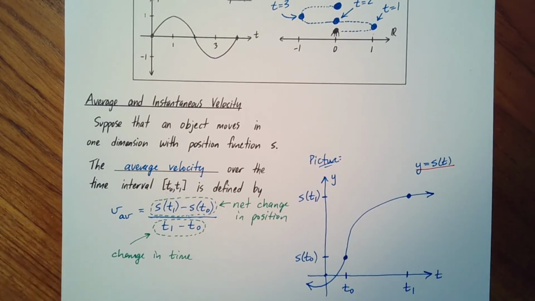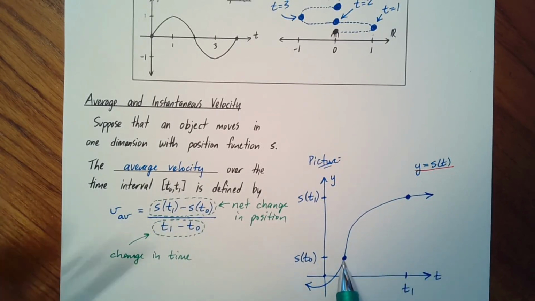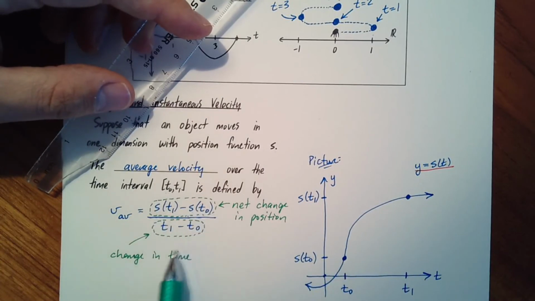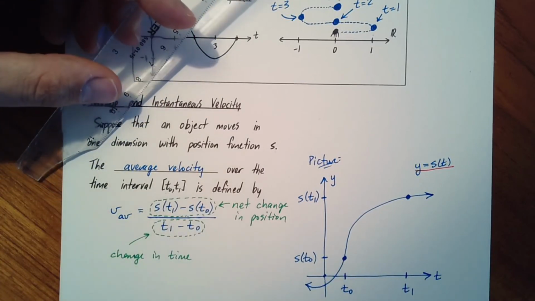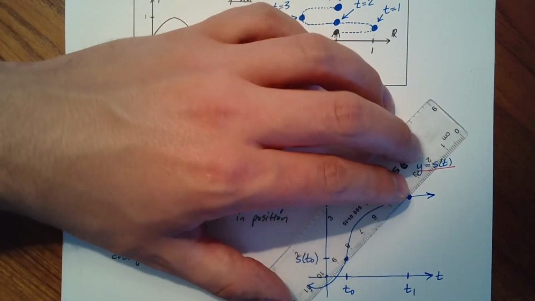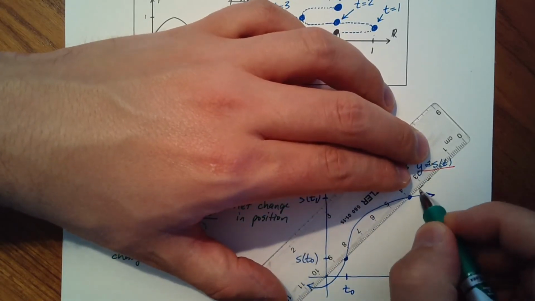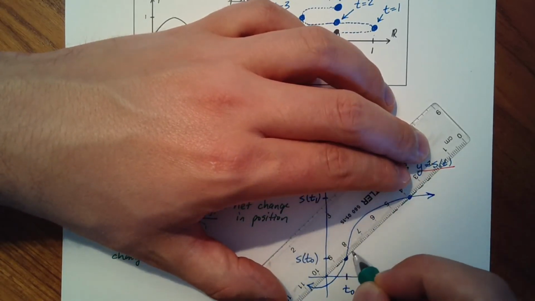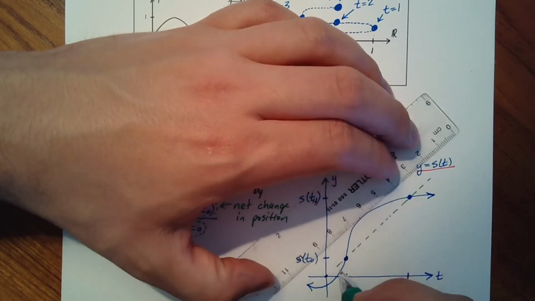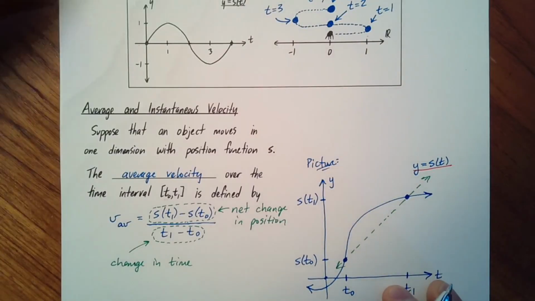The reason I wanted to draw this picture is to point out that when you compute this fraction for the average velocity, what you're really doing is the slope formula between these 2 points. You're talking about the change in the y-coordinates divided by the change in the x-coordinates, or in other words, rise over run. You're talking about the slope of this line. I just want to add that in for emphasis.